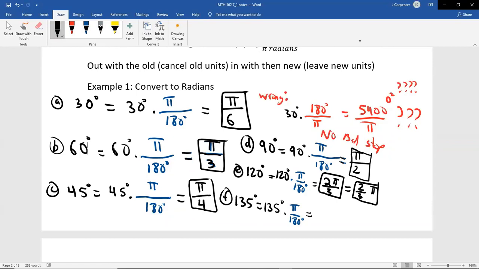You could say, all right, 5 goes into both of these, and then 9 goes into both of them, or 3 goes in, and then 3 goes in, and then 5. However you're reducing, just get the job done completely, because if you don't reduce completely, your answer is wrong. Now, in bigger problems, a non-reduced answer could get you partial credit, but if I gave you an example like this on a test, I would not give you credit for a non-reduced answer.